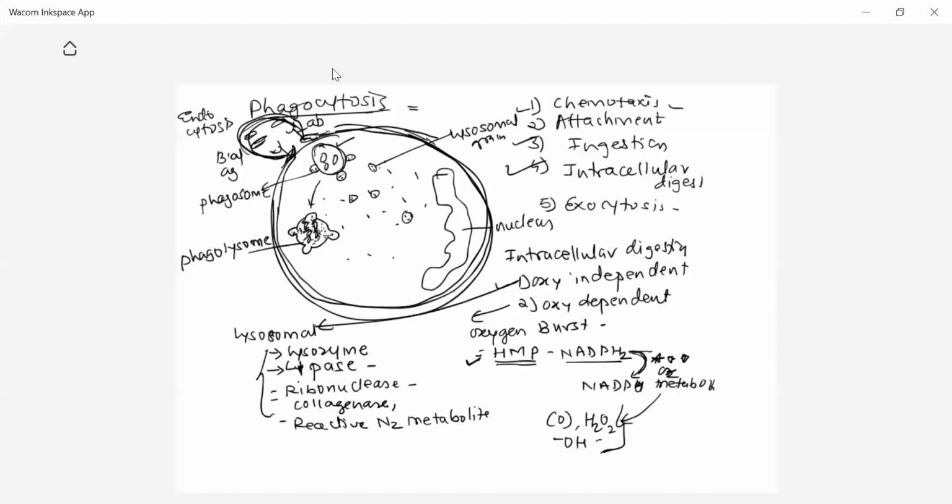These superoxides have a strong hydrolytic action. They can easily perform the hydrolysis of the antigen present in the phagolysosome. So by using such an oxygen dependent mechanism as well as an oxygen independent mechanism, this antigen is digested.